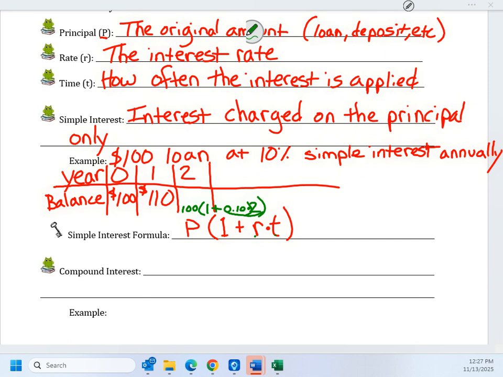Then we add 1 to that. We add 1. 1.2. 1.2 times 100. Who's got their calculator up? Victoria. 120.